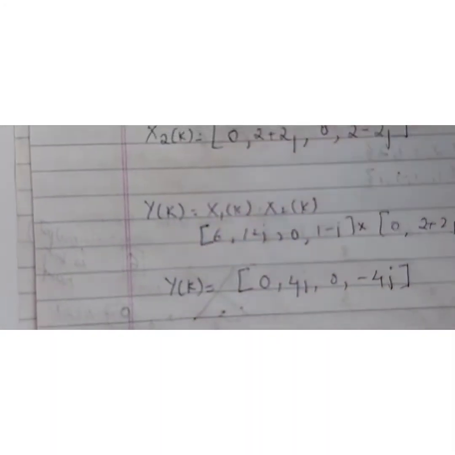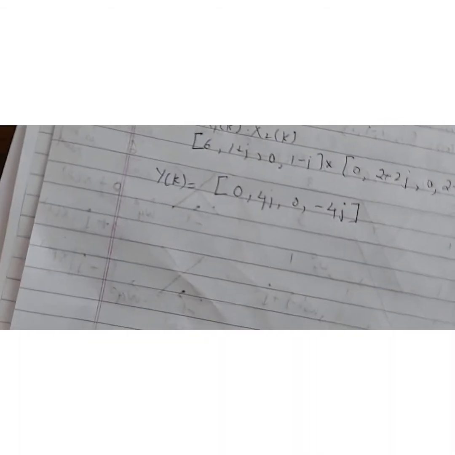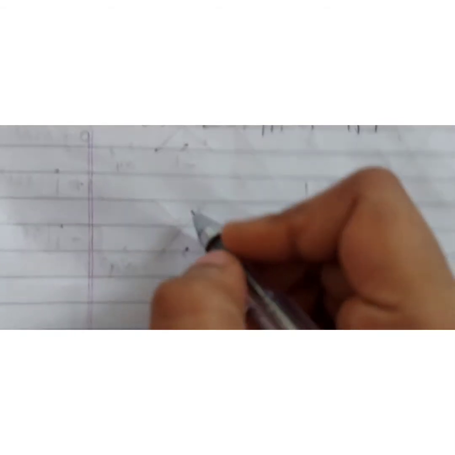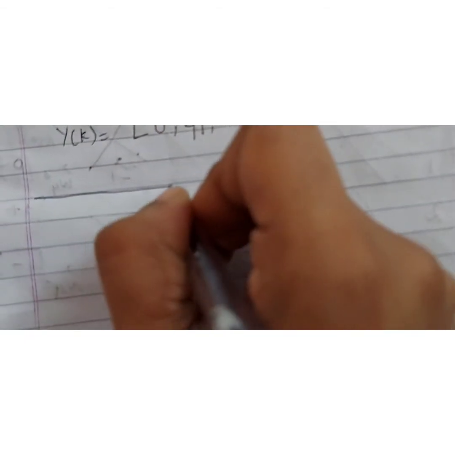Now IFFT using this particular method. So let us draw the diagram for that first. Butterfly diagram for your 8-point IFFT using DIF. How to do 8-point IFFT? Again, draw a butterfly structure.